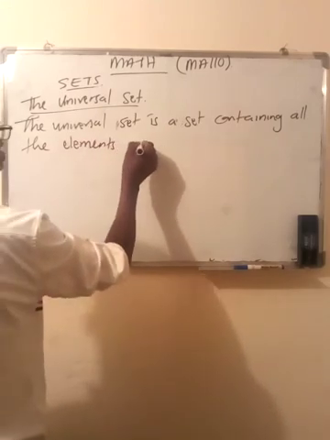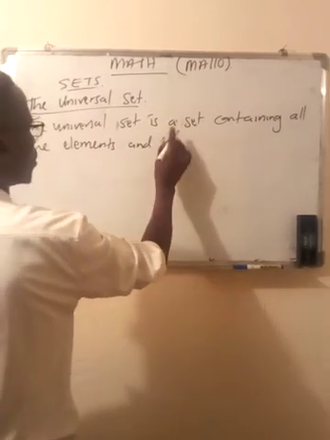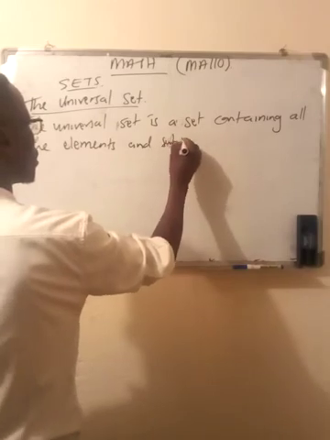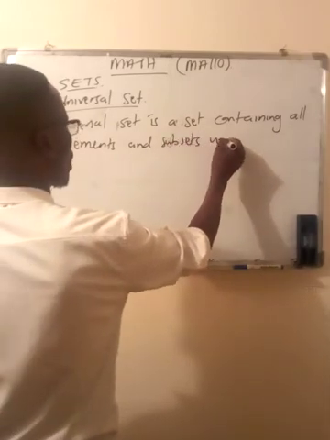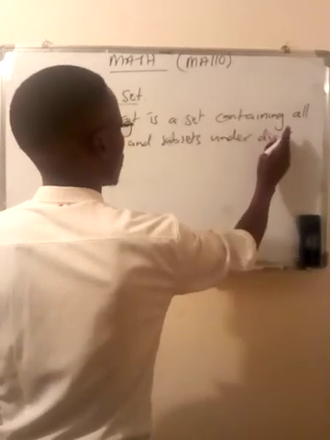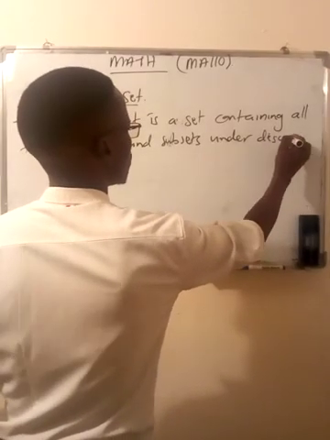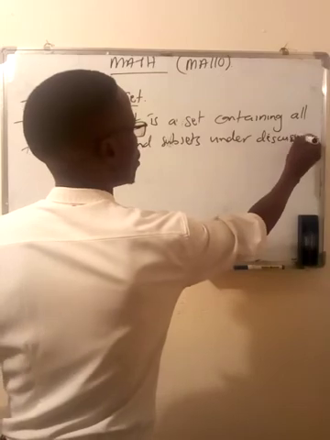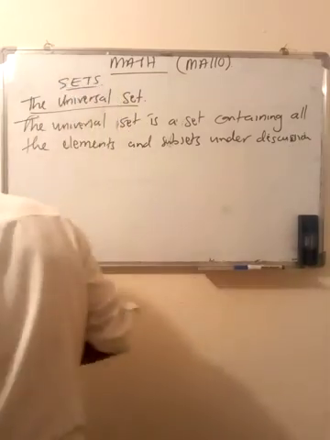Okay, under discussion. So all the elements and subsets that you're talking about, they belong to one large set called what? Called the universal set. Okay, called the universal set.